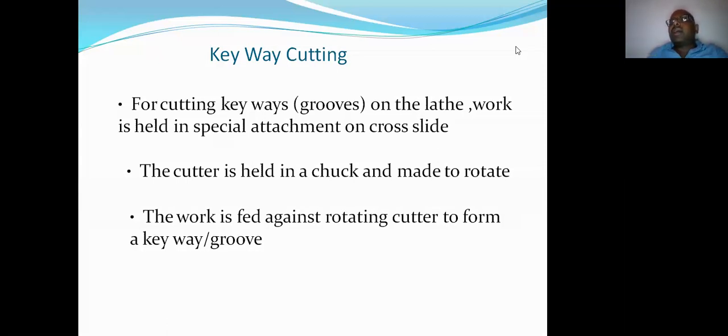Tool holding for an engine lathe or for a speed lathe is a very simple issue because in this one we are using a single cutting tool, only one cutting tool. Whereas in an automatic lathe or capstan lathe, multiple cutting tools or a larger number of tools are fixed. So that's why tool holding devices are required only for some lathe machines. That should be discussed in the upcoming classes.